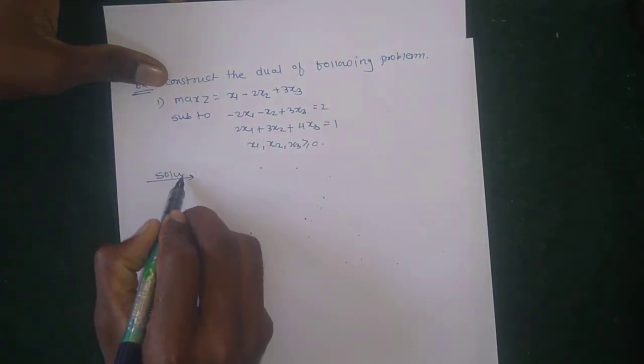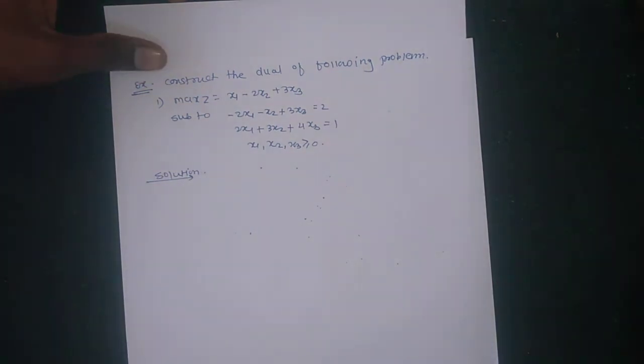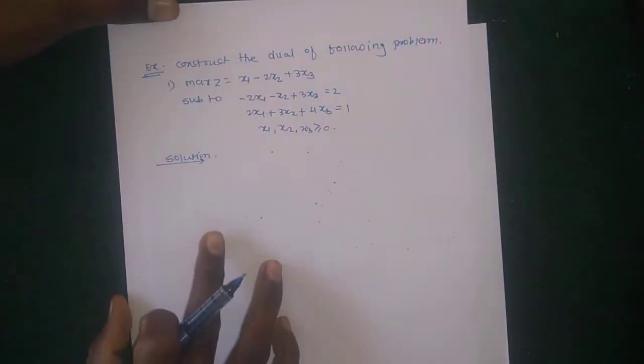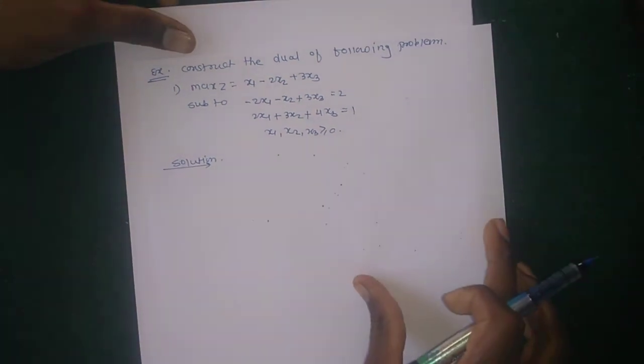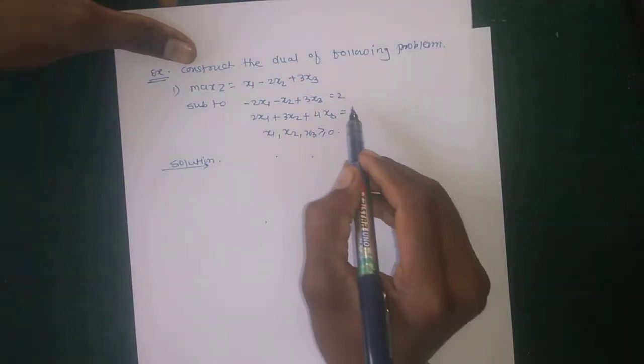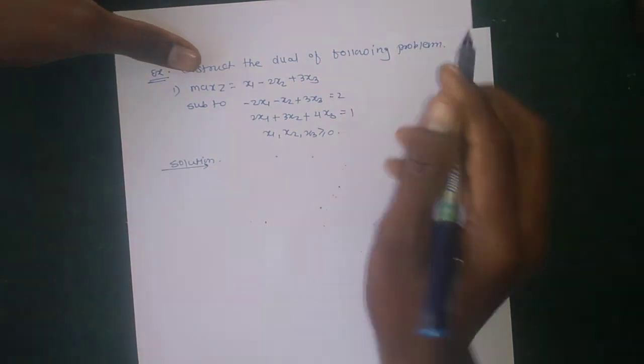So how to write this dual: firstly, the objective function is of maximized type, and the constraints are of equal to type. So we write the equality constraints in inequality form, as less than or equal to and greater than or equal to.